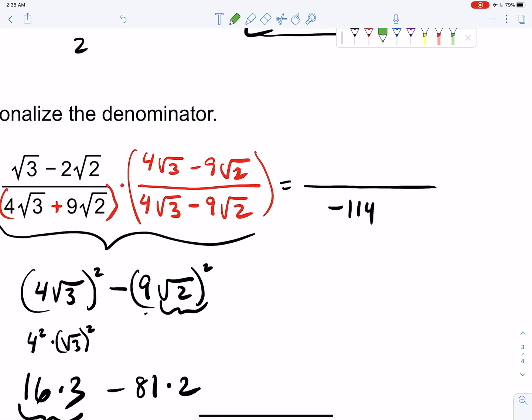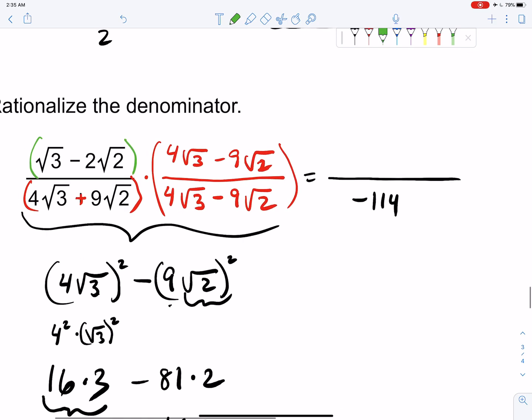Oh boy, okay, we're going to have to multiply. Now, you could put a 1 in front just to realize it's 1 times 4 is 4. And root 3 times root 3 is square root of 9, which is just going to be 3. And we can go ahead and distribute. 1 times negative 9 is negative 9.